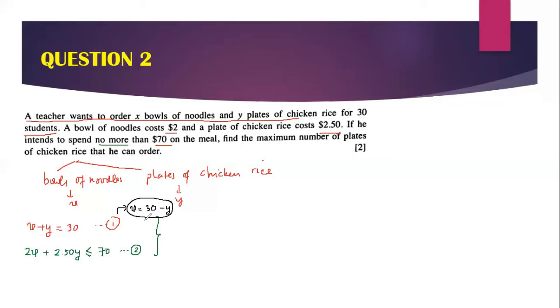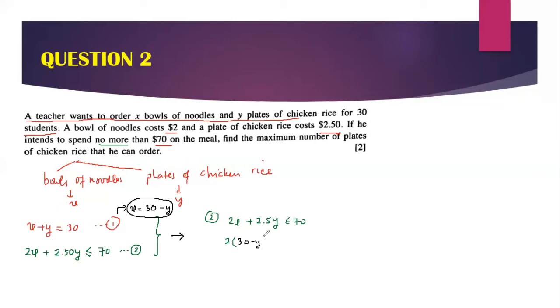This is algebra, right? So you can simplify by using the second inequality, 2x plus 2.5y less than or equal to 70. By using the substitution method, 2 times 30 minus y.